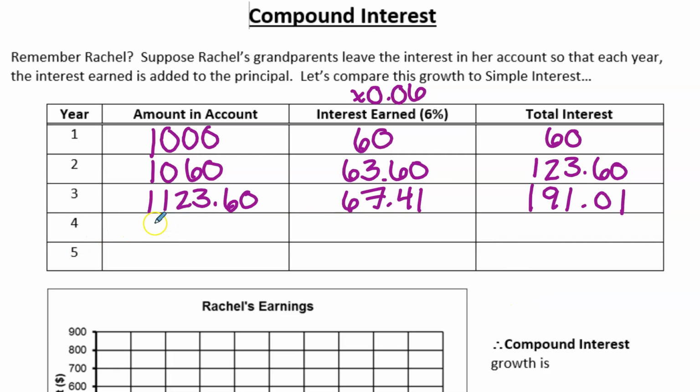Okay, and so we have all of that plus $1,000 in the account. We earn interest on this whole amount, so $71.46. In total, we have $262.47 in interest. Okay, all of that stays in the account.